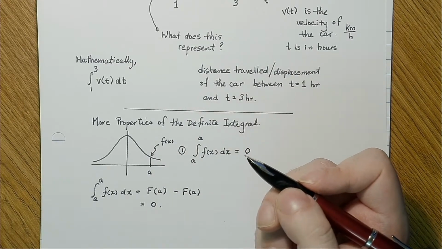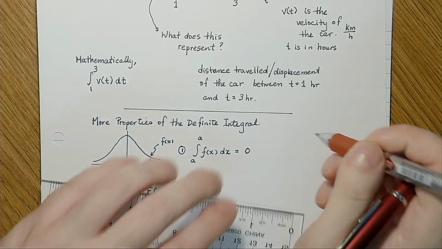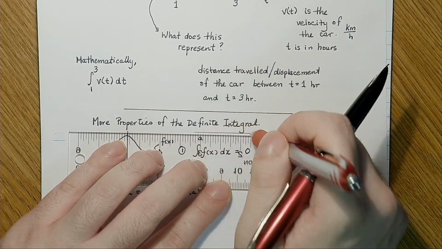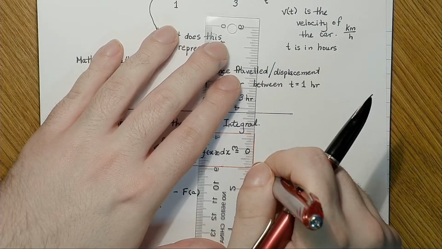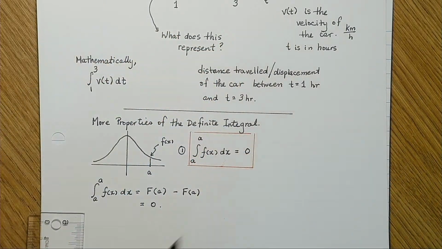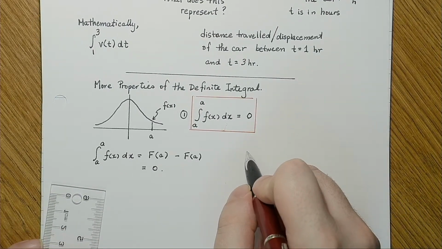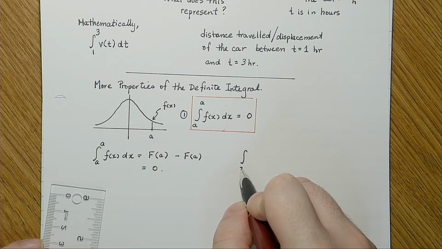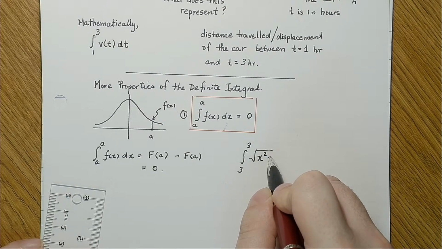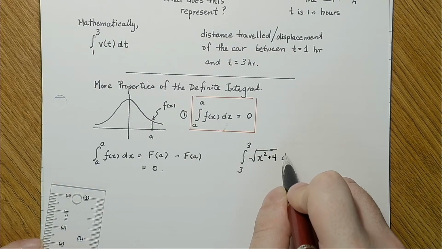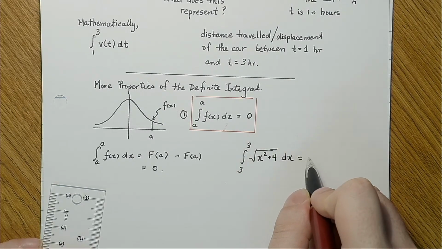So the area of a line is 0, and that's how we get that property. So you can have a really heinous looking integral that you might not be able to solve. But if the limits are the same, that is equal to 0.